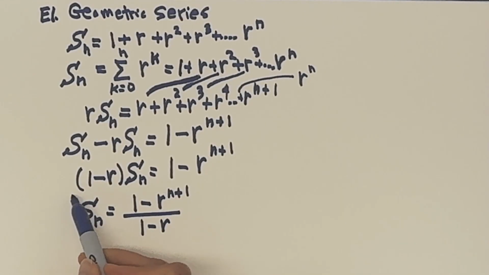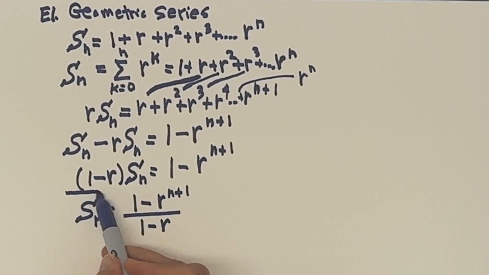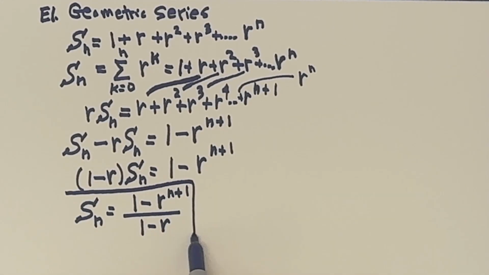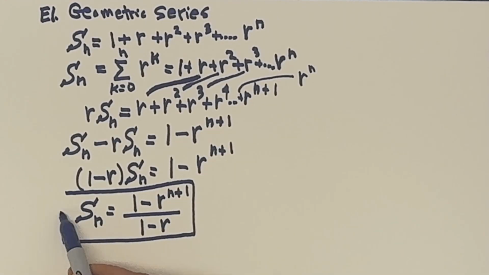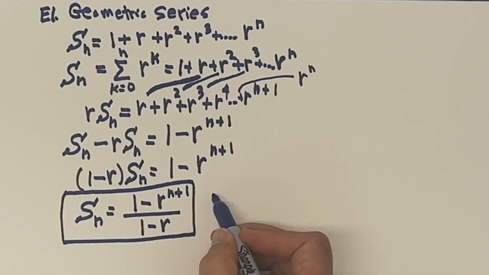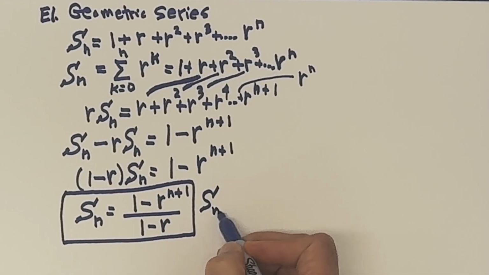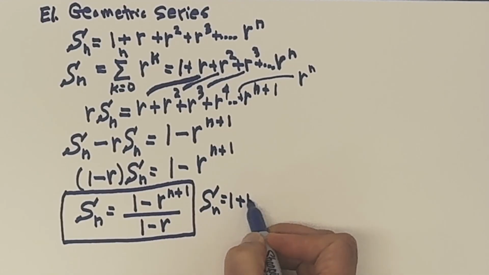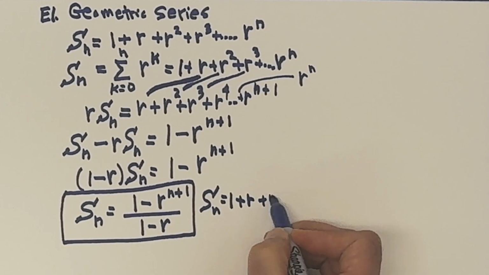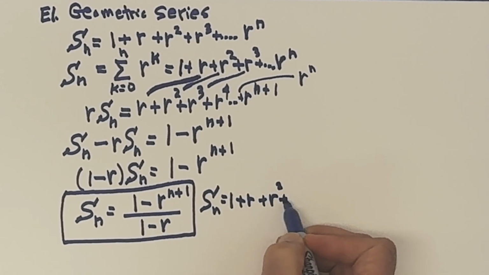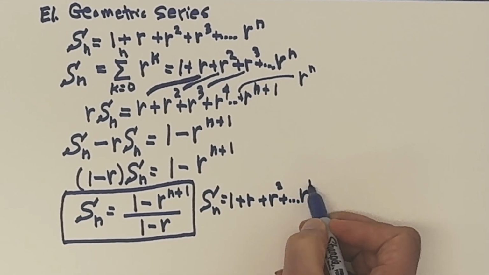It's kind of a nice little formula. So that would be the sum of the terms from 1 out to r to the nth power.